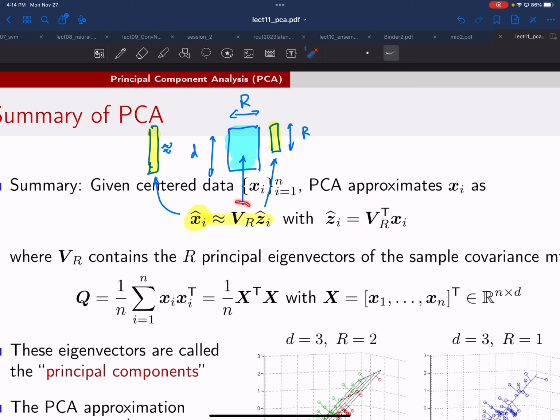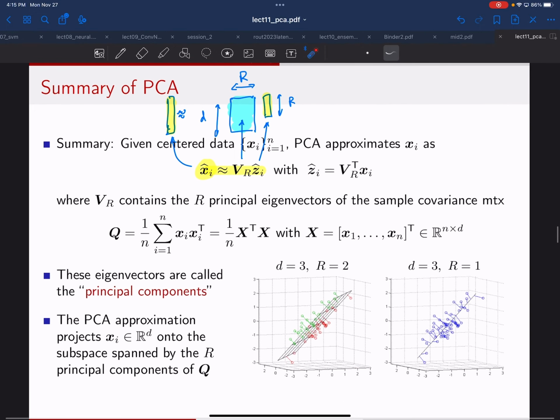And V_R also works as the dictionary. Whenever you want to construct an approximation of your raw features, you multiply that dictionary matrix times your compressed feature vector. And Q is our sample covariance matrix.